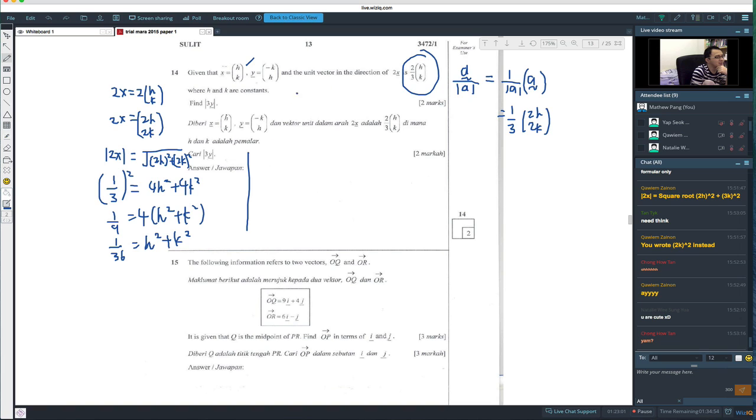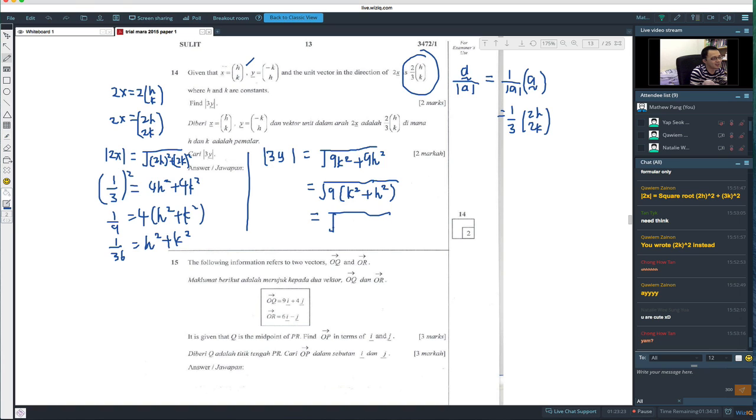Then I do the same thing as just now. So the magnitude of 3y, because just now I already showed, this one basically you will get the square root of 9k squared plus 9h squared. Then I will factorize out the 9, sorry. So I get this one.